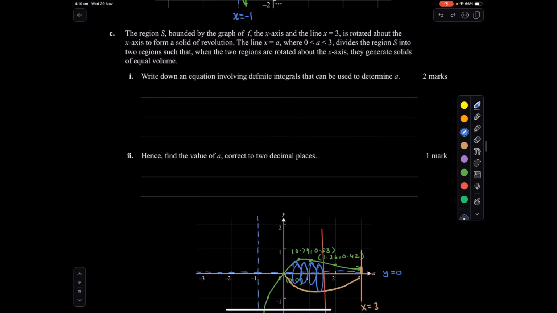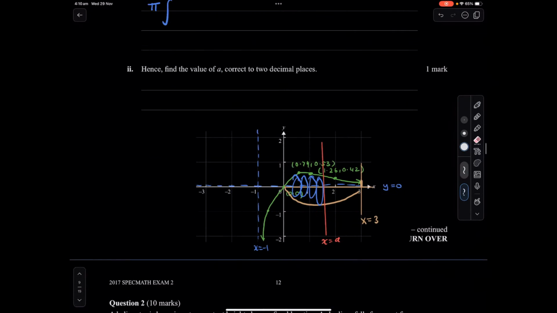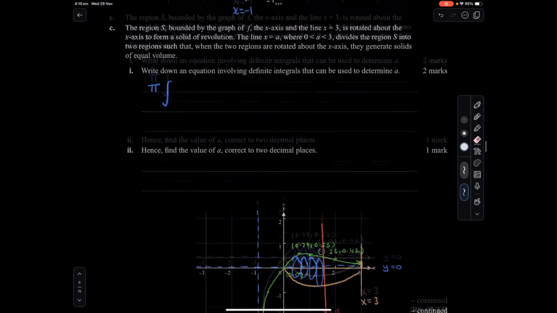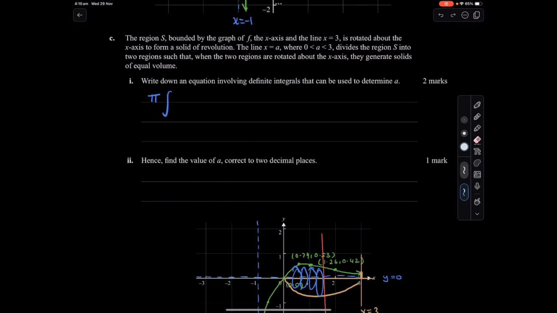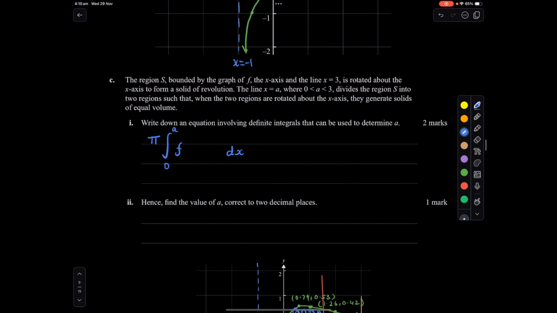So let's do that. It'll be pi times the integral from 0 to a, because we are rotating about the x-axis, so it'll be dx. And what's y squared? In this case it is f of x, all squared.